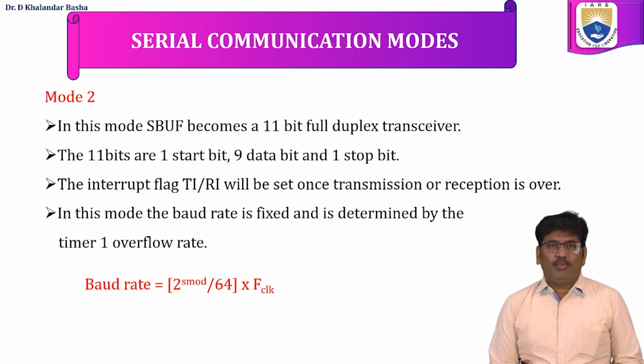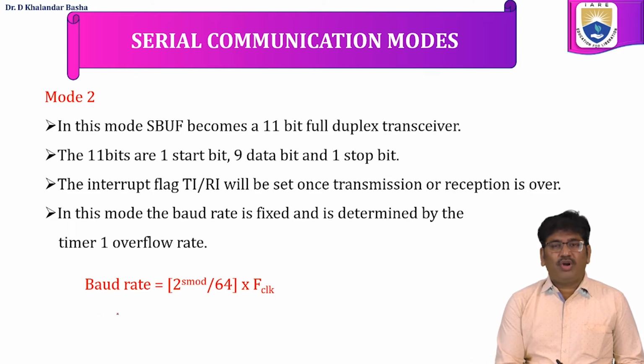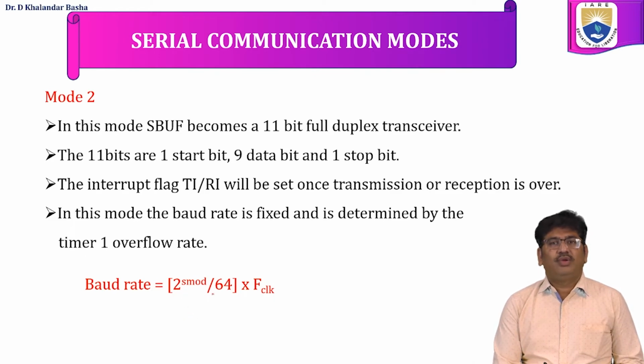In this mode, the baud rate is fixed. The baud rate is given as 2 to the power of SMOD divided by 64 into the clock frequency of the oscillator.